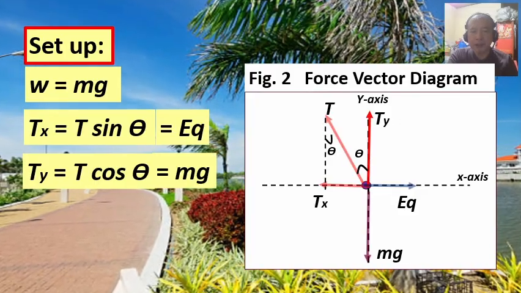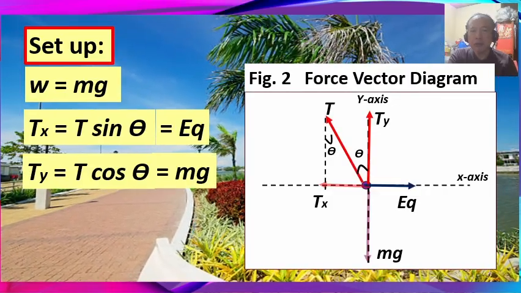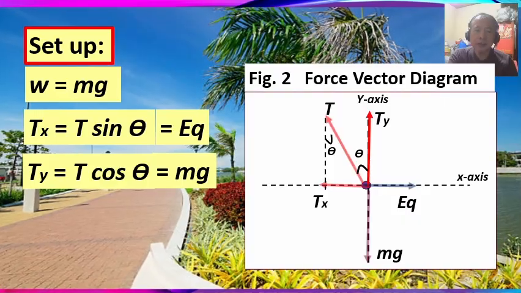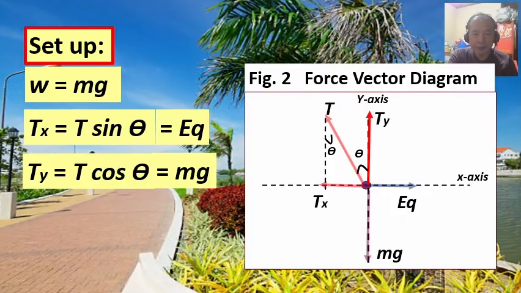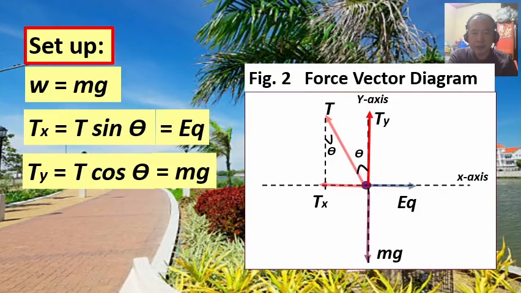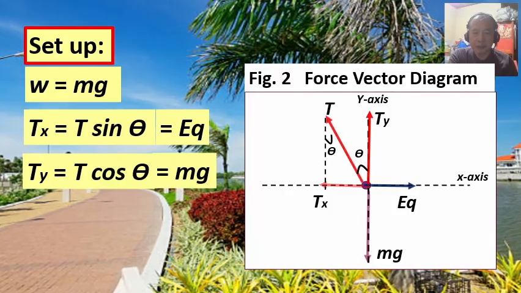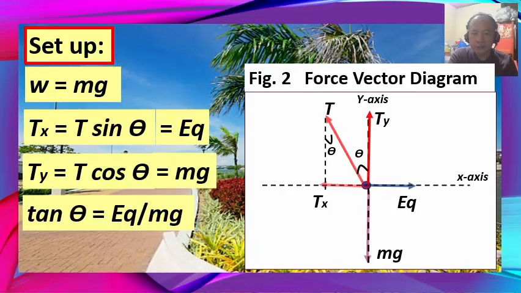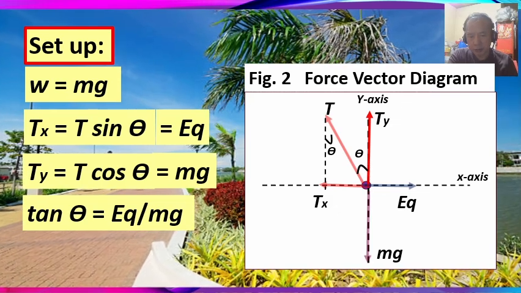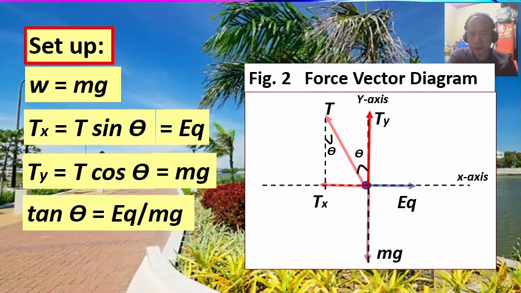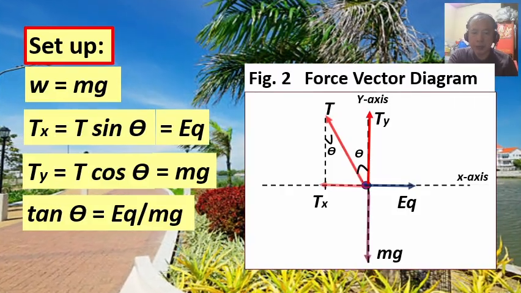Trigonometrically, if we divide the equation for Tx by the equation for Ty, that is capital T sine theta over capital T cosine theta will give us tangent theta, which means that we will also be dividing EQ by mg.